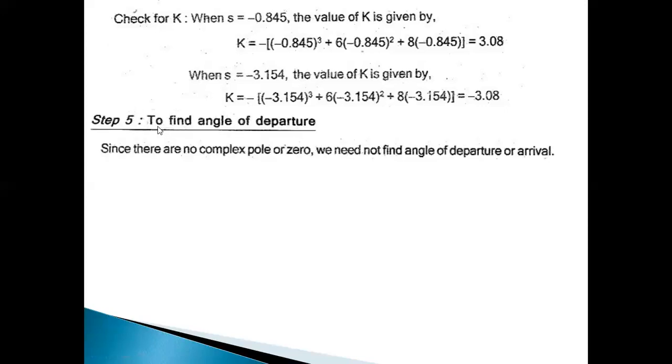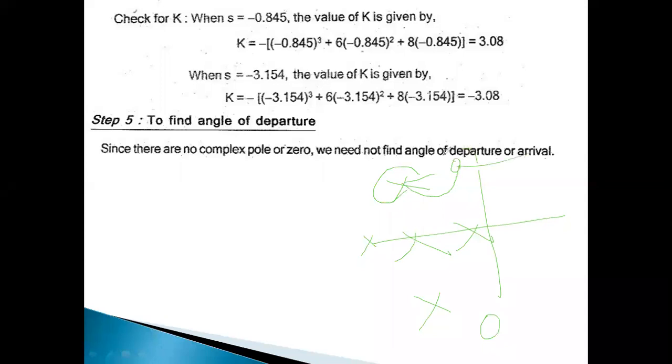Okay. Now, next we have to find the angle of departures and angle of arrivals. In this case, there are no complex poles and no complex zeros, so there is no need to calculate angle of departures and angle of arrivals. When there are complex poles and zeros, then we calculate them; in this case, all three are real. When there is a complex pole or a complex zero, this is the angle of departure, whereas this becomes the angle of arrival.